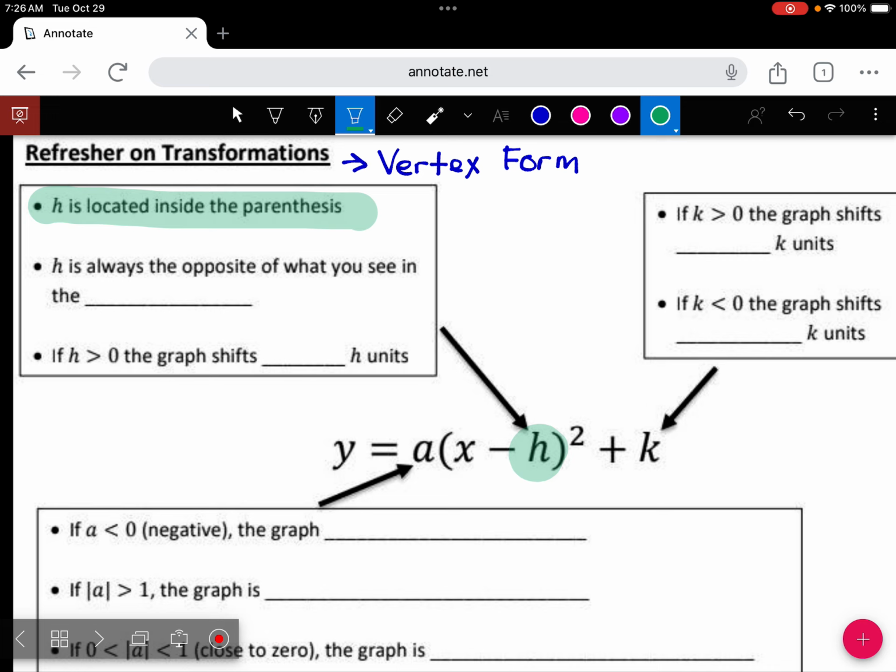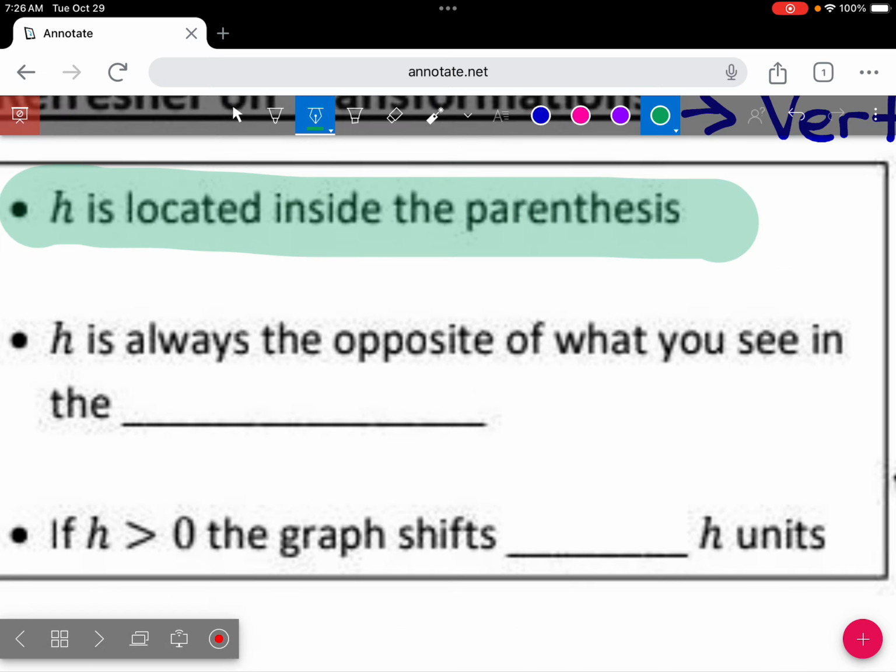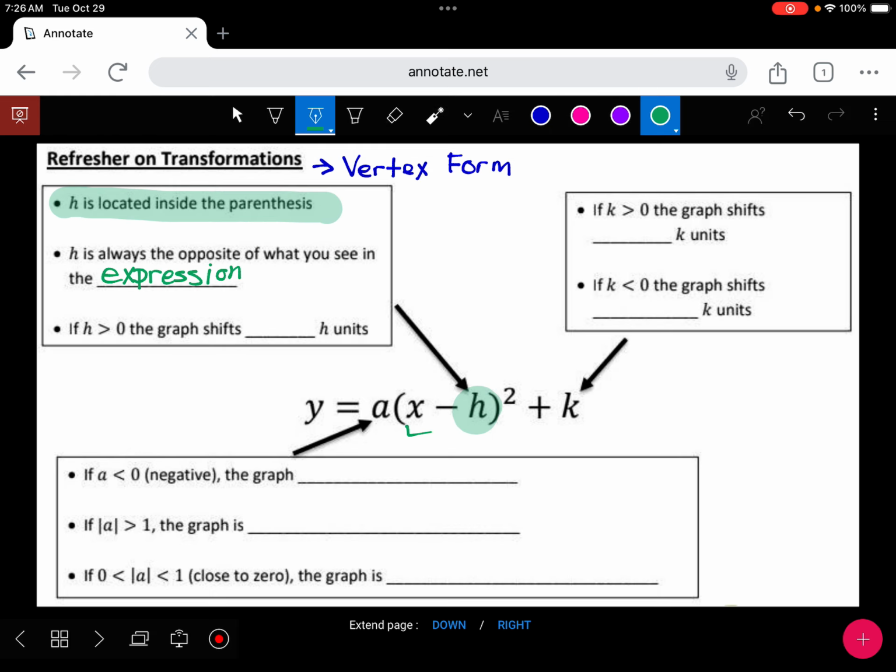Our formula has a minus sign, so it is always, always, always the opposite sign of what we see in that expression. And the expression I mean is this guy. That's the expression I'm talking about. It always is going to have the opposite sign of that expression.